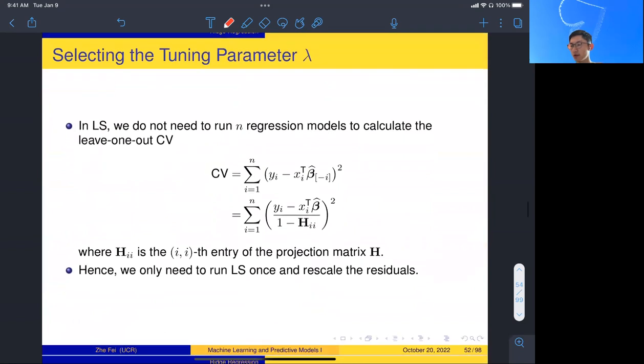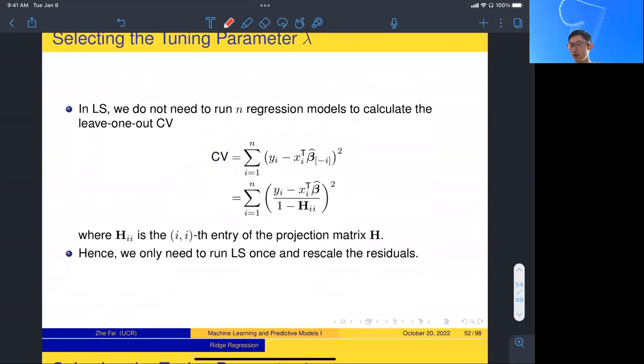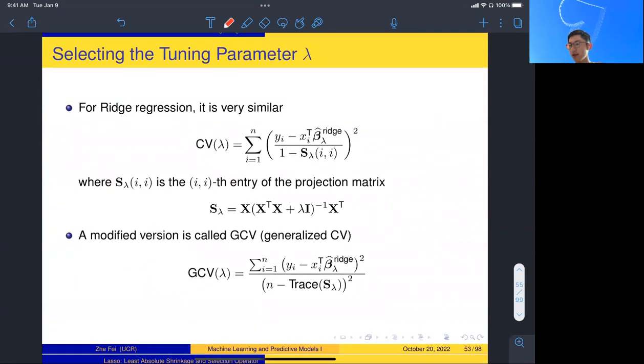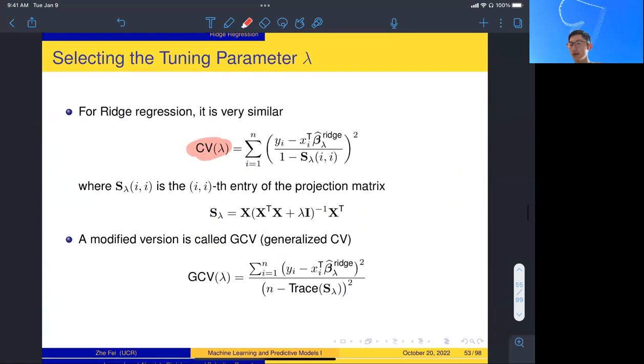Here's some more derivation. As we wrote earlier, this cross-validation depends on your lambda, and you want to choose the lambda that minimizes this cross-validation error. There's also a modified version called generalized CV, but the idea is the same.